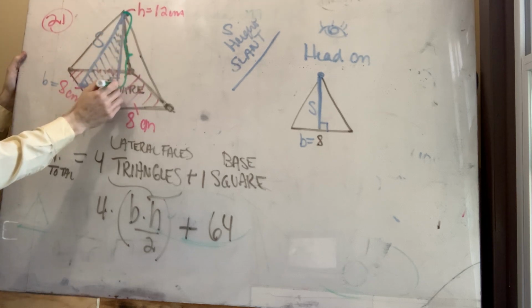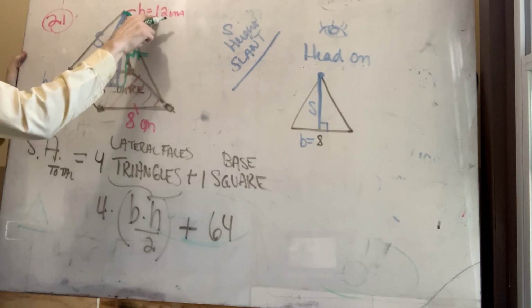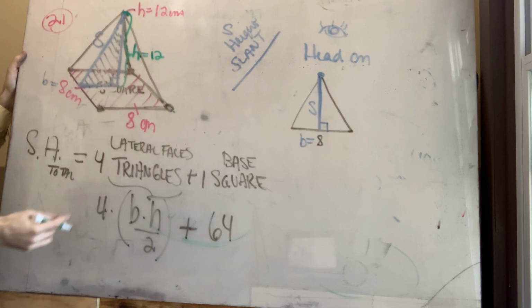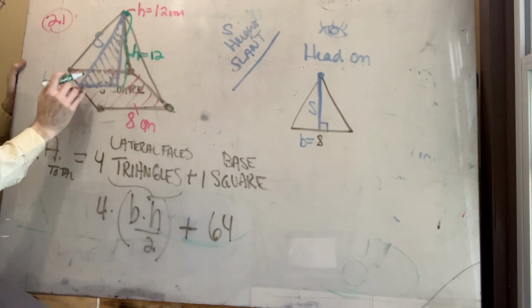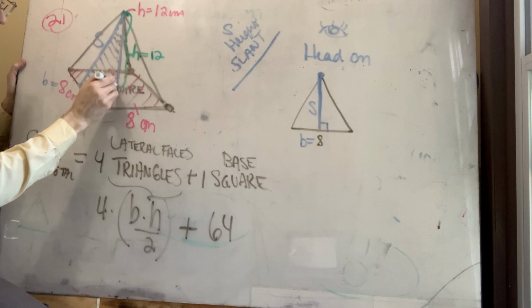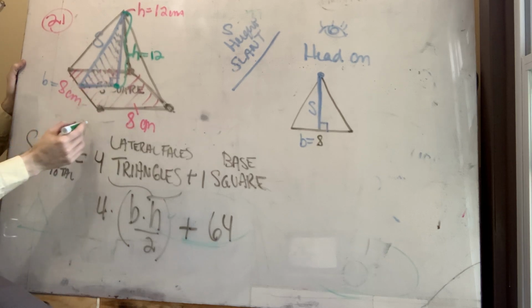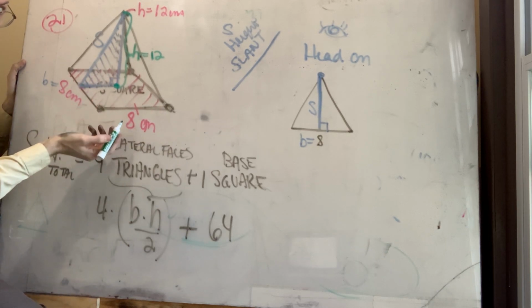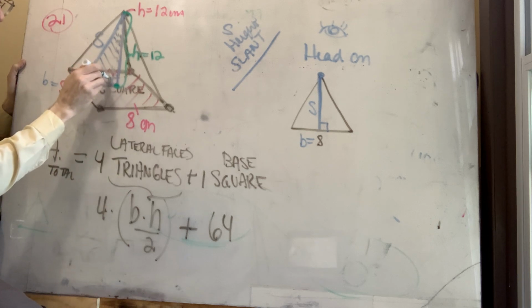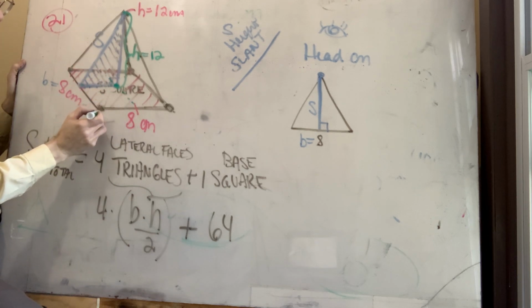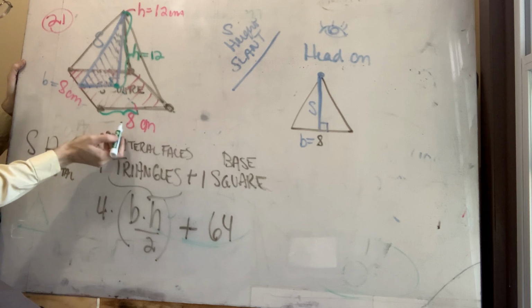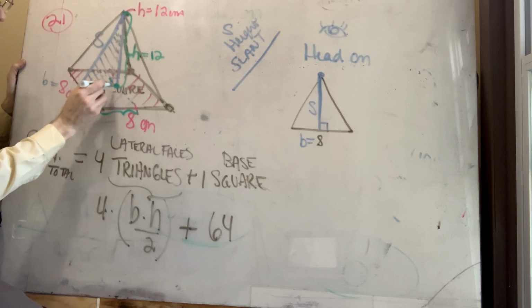That's the actual height. It's 12. What is the dimension, not all the way across the bottom here, but to the center of the square? If it's truly a square, and it is, that means that this is halfway from here to here. If the whole thing is 8, what's halfway? From here to here, it's 4.